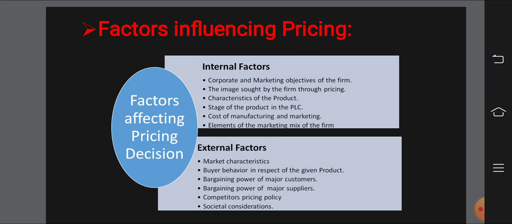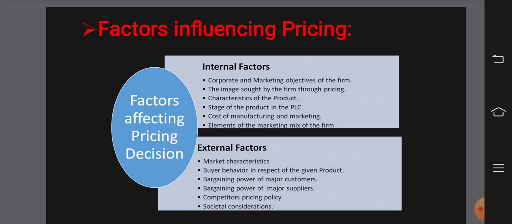And societal considerations, means different factors will affect. In this case, you can see that the prices of the cigarettes and prices of the alcohols or liquors are very high, because these products are harmful to the human beings or for the health of that particular customers.